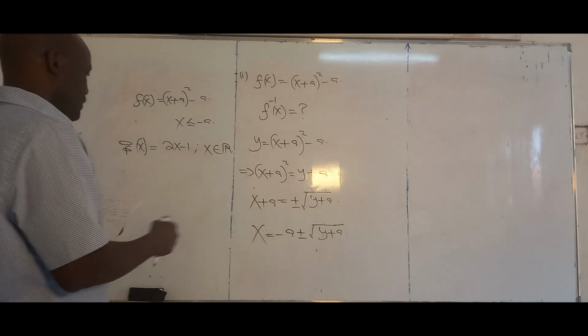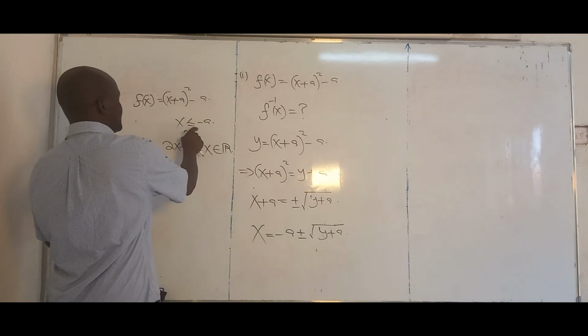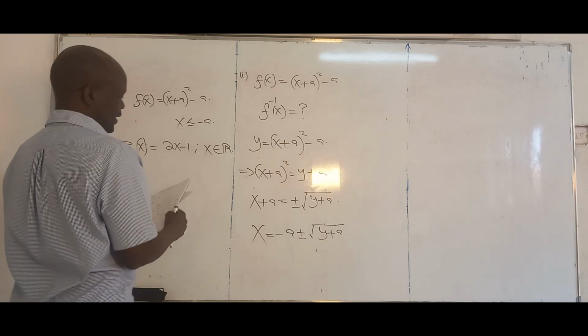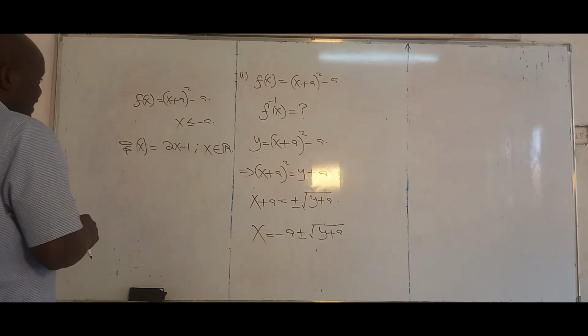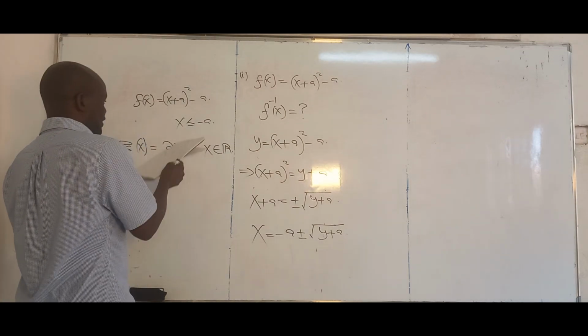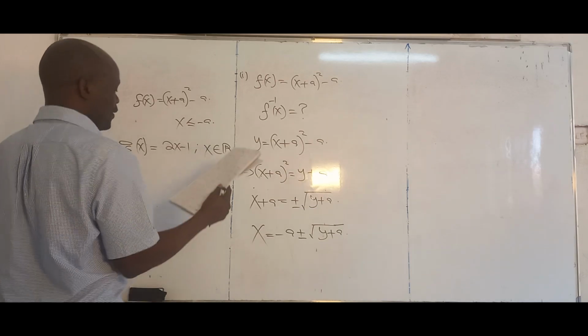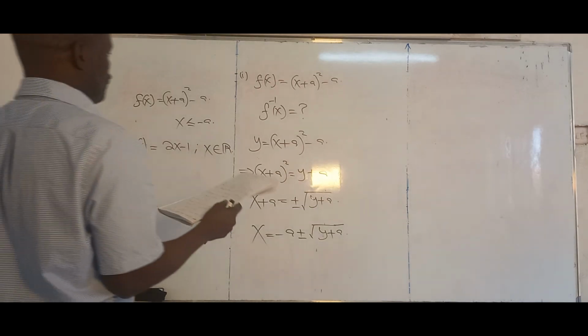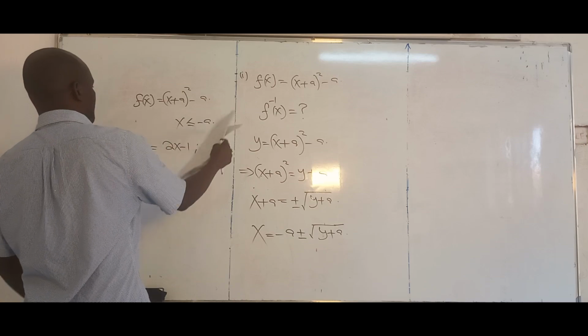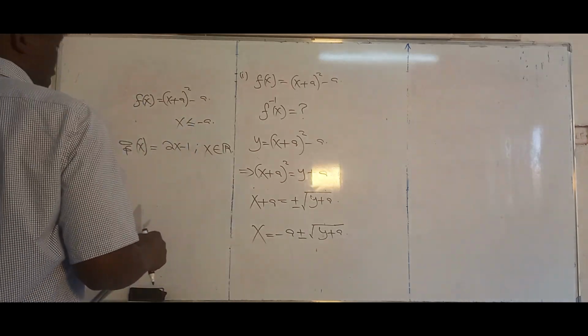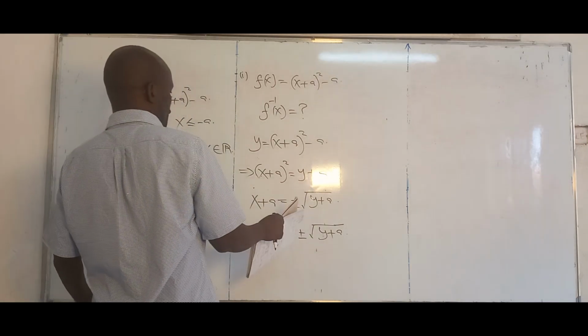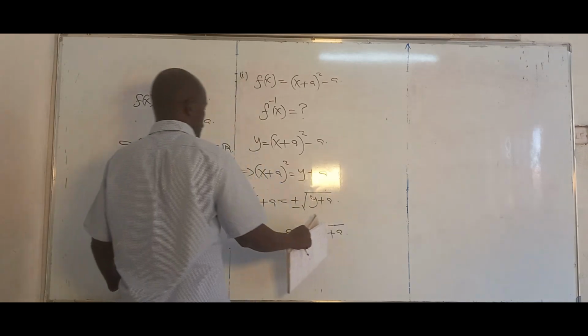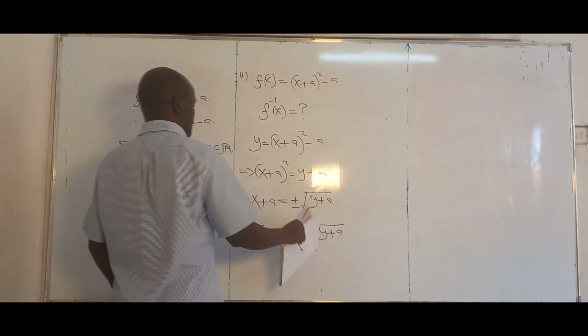Now, since x is less than or equal to minus a, we take the negative square root here to maintain the restriction.